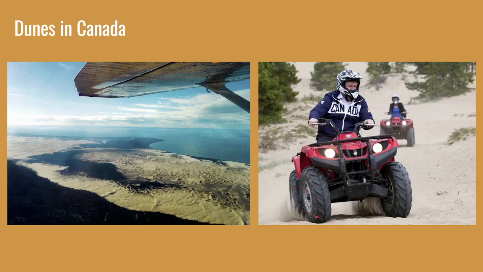And on the right here, we actually have the Carcross Desert in the Yukon, which was stabilized by vegetation until human activities such as Stephen Harper here ATVing, disrupted the dune system and sort of reactivated it.